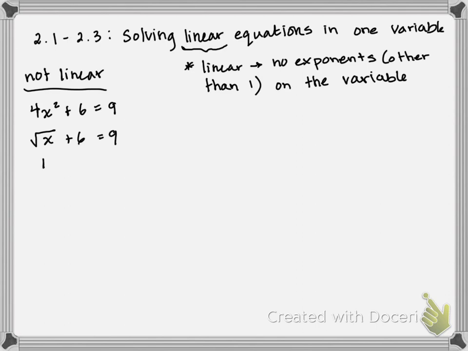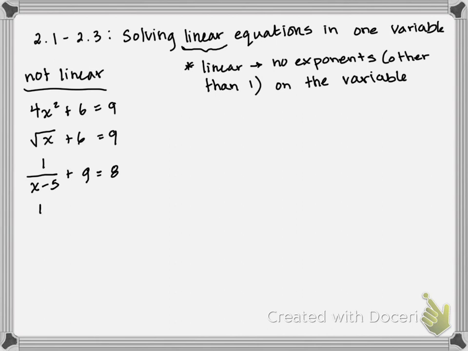And also, if your variable is in the denominator of a fraction, it is not linear. Again, that doesn't look like there are exponents, but we will learn next week that a negative exponent brings a variable down into the denominator.